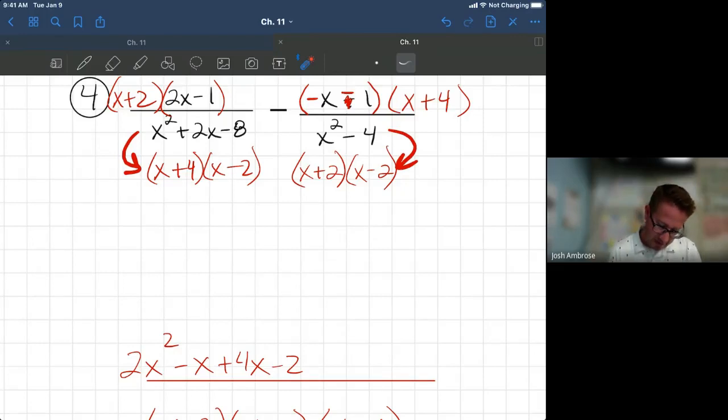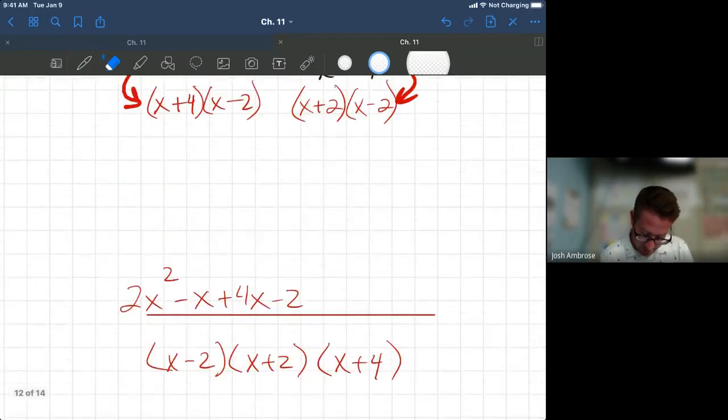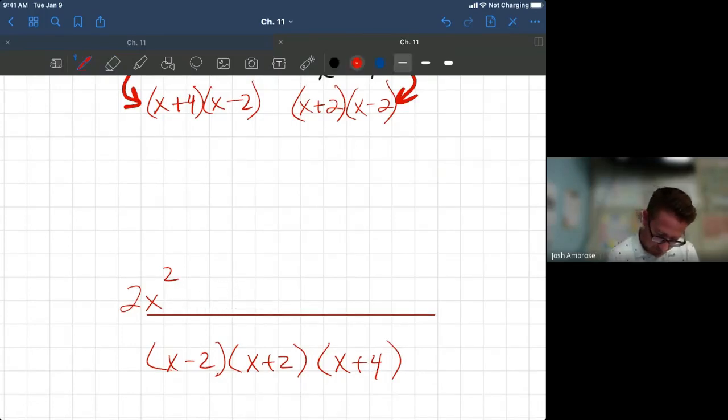And that means that a -x and a positive 4x, it's really like 4 minus 1. Okay, so on your paper, don't erase, but just to save some space here, I'm going to show you that this really becomes a positive 3x, and then we still have that -2.